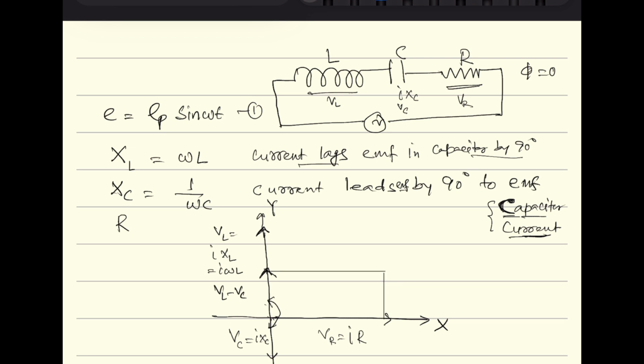The diagonal of the parallelogram represents the resultant. This is VL minus VC and this is VR, and the resultant makes an angle phi.